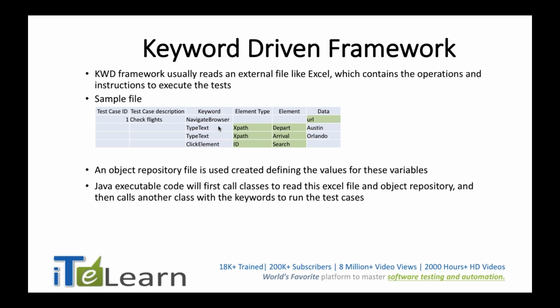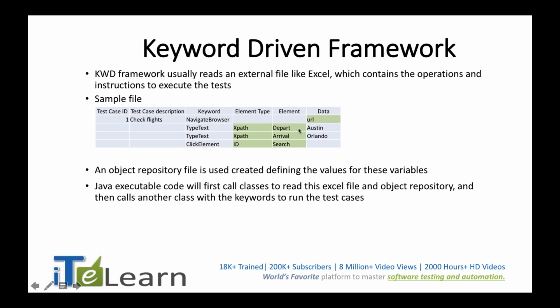My test case is basically navigating to southwest.com and entering departure. That is what I'm typing here, which is why my data is Austin. Next, I'm trying to enter arrival, so I have Orlando here, and I'm clicking on a button, which is search.